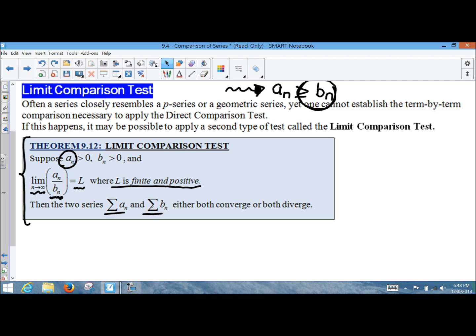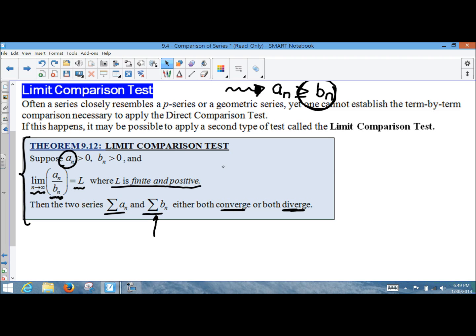So it's vitally important that for the b sub n series you've selected, you know its behavior. You have to know whether it converges or diverges, and that will be pretty easy because you're the one who discovered that series.